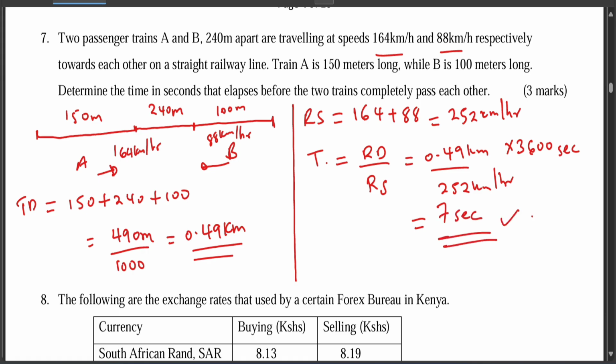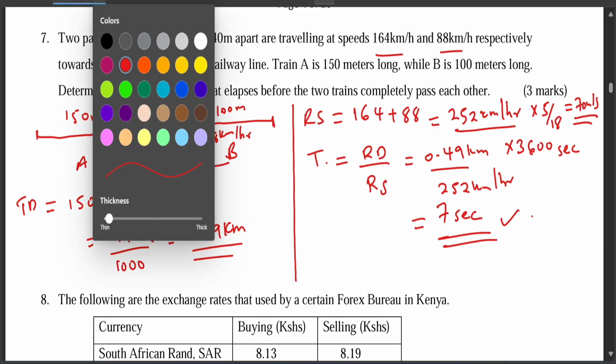That's your answer. Or you can opt to take 252 kilometers per hour and change it into meters per second. 252 times 5/18, you can multiply by 5/18 to give you 70 meters per second. And you just leave the 490 the way it is.